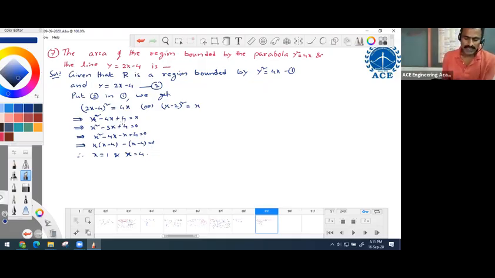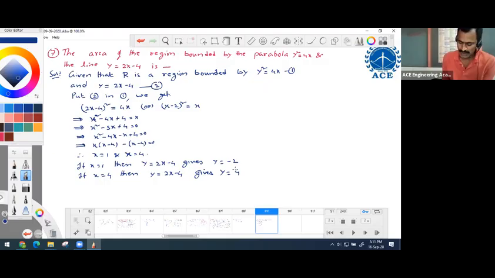If you know the x values, we can find the y values. If x equal to 1, then y equal to 2x minus 4 gives 2 minus 4, which is minus 2. If x equal to 4, then y equal to 2x minus 4 gives 8 minus 4, which is 4.